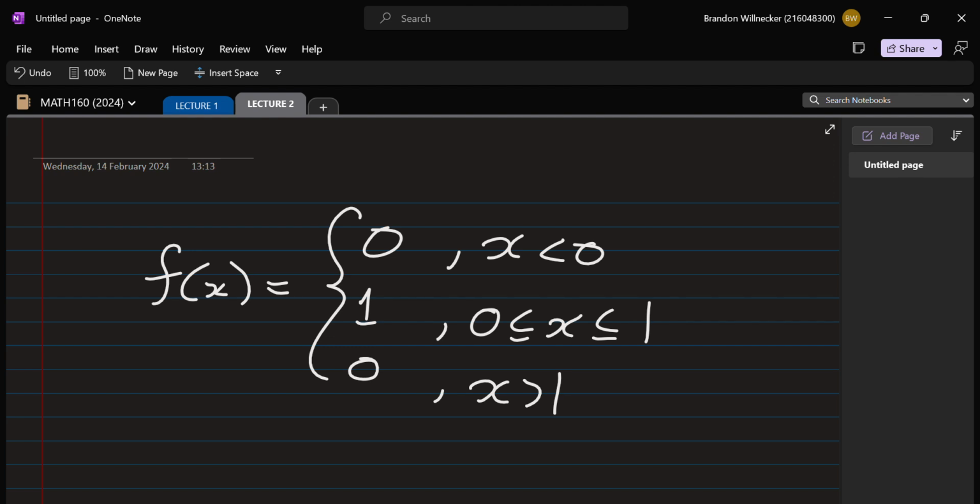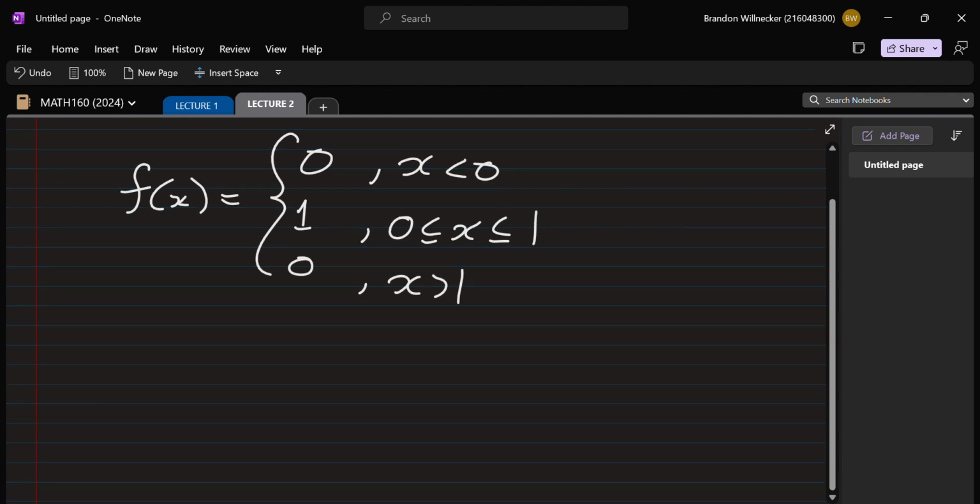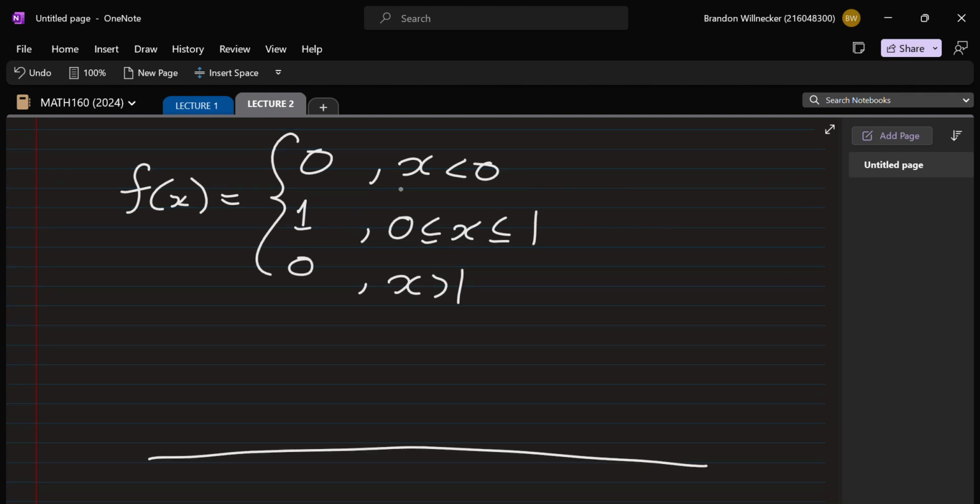So let's have a little sketch of the domain, and then we'll see what this function will look like. Over the entire x-axis, it is now chopped up into 3 parts. X being less than 0, we have 1 part. Between 0 and 1, that's another part. After 1, we have another part. Let's put those points down.